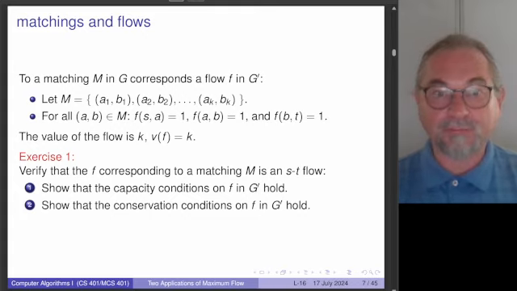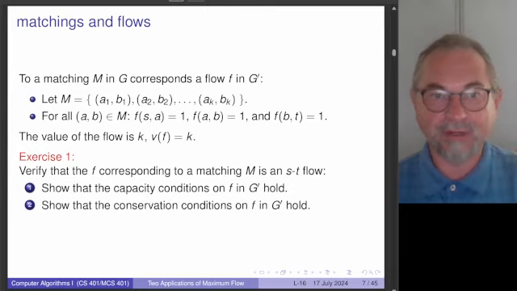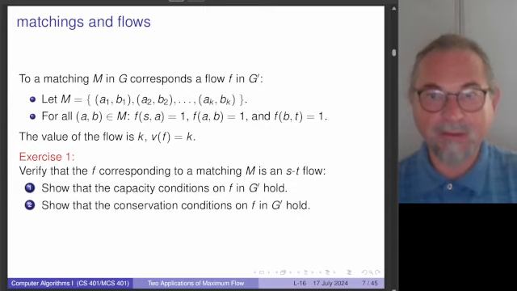Okay, so verify that the flow that we have defined here, in our extended network G prime, is a flow from source to sink. That flow is defined by a matching. I'm saying that it is a flow, so a flow assigns to every edge a positive value.